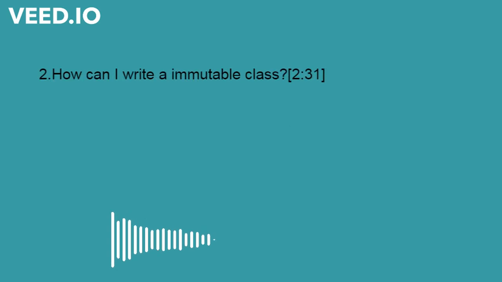Okay, how can I write an immutable class? We can create an immutable class by certain steps. First, don't create any public methods, remove all setters, because we do not want to mutate. We want to create an immutable class, so we do not need setters, right? So remove setters, and if there are any variables, make those variables final, so that nobody can make any change.